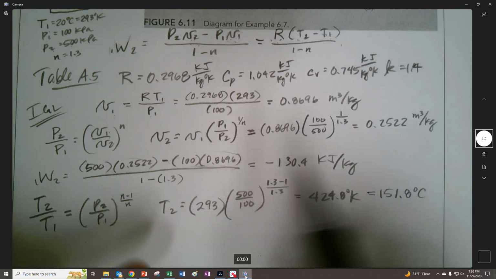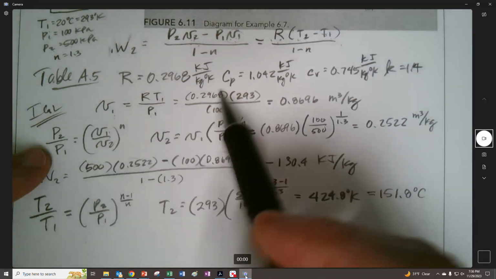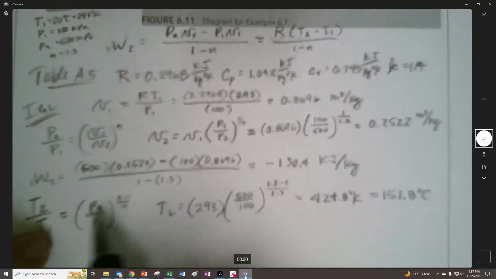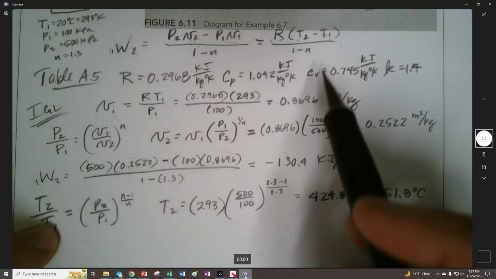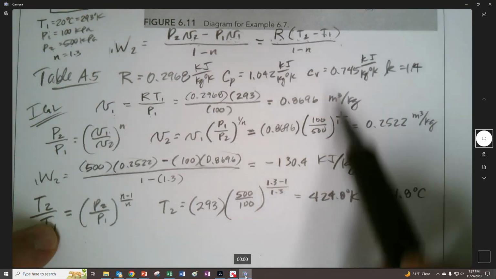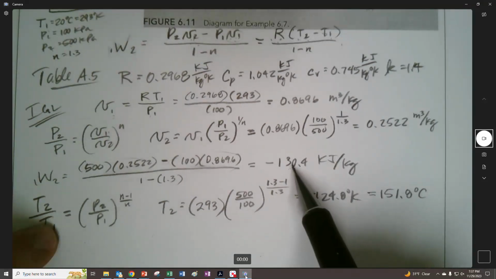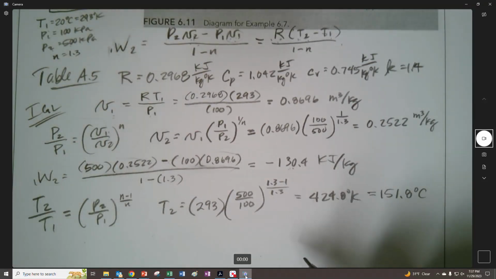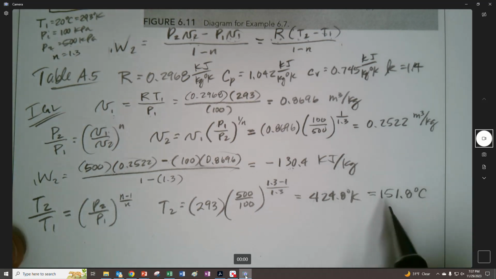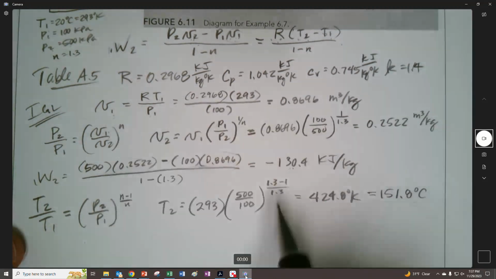So alternatively to what we had done in this section right here, we could have gone to this right away and then gone up to this equation, and if we did everything right, it should come out to that same value. But it's a good thing to know what the end state temperature was anyway. It's good to know all of this information.